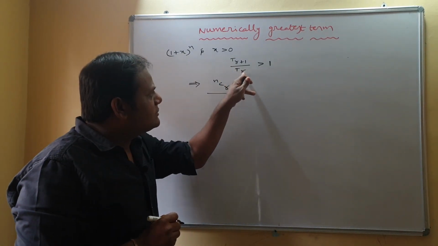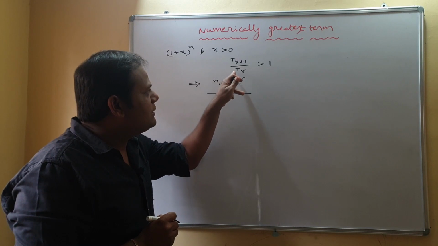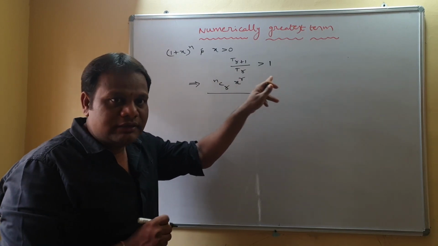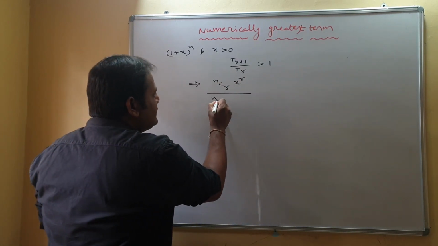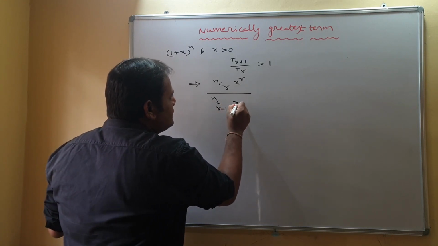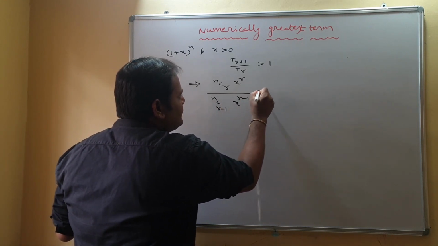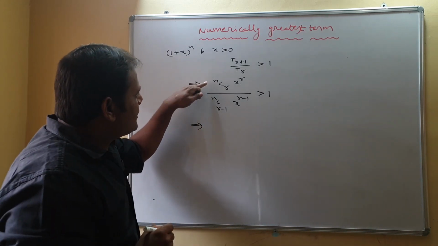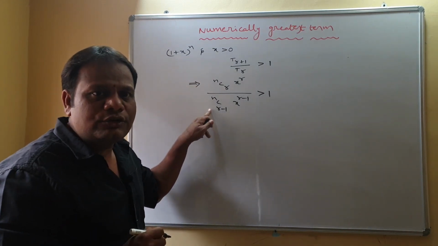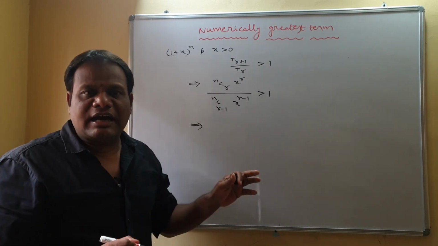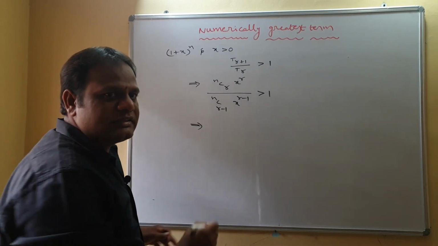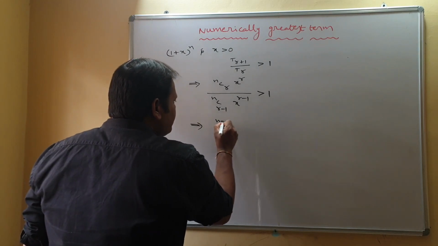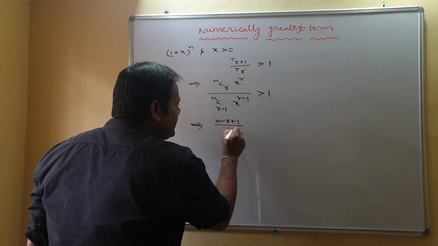We write it in the TR+1 form, so T(r-1)+1, which is nC(r-1) x^(r-1). So here we have nCr / nC(r-1), and we have a formula for that. What is that? That is (n - r + 1)/r.